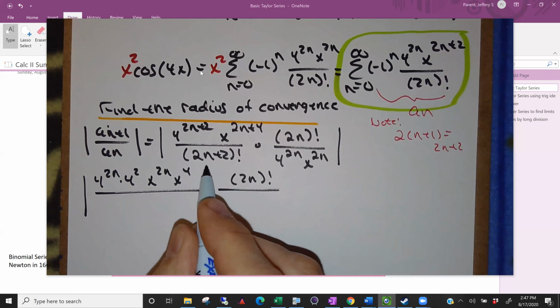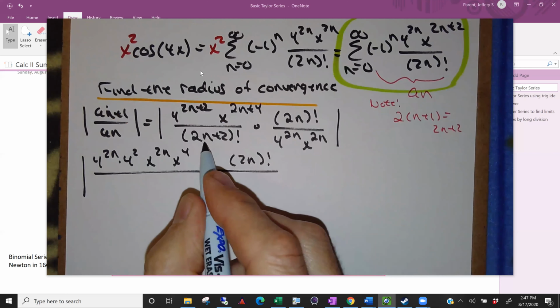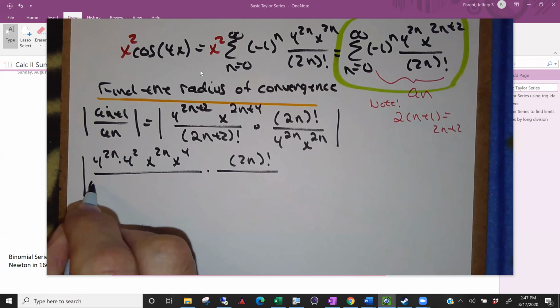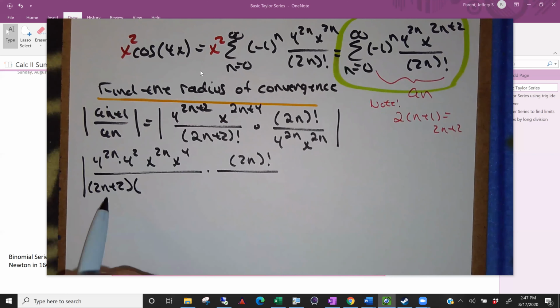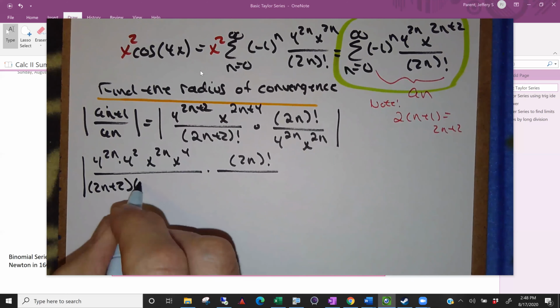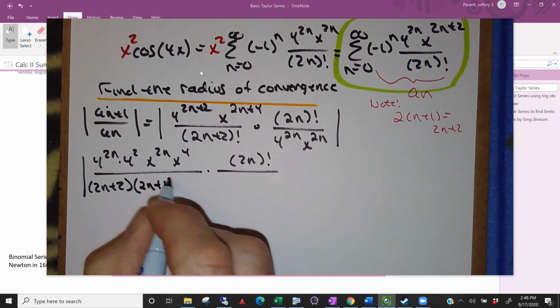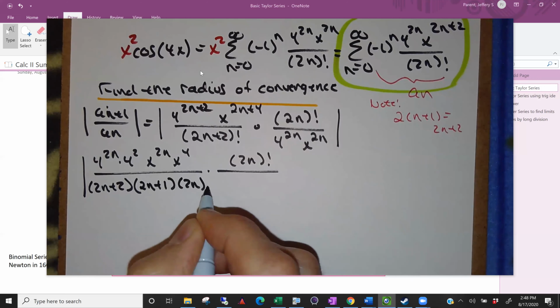And I want to be really careful and clever with this 2n plus 2 factorial. It's going to be 2n plus 2, and then as I realize that this is a factorial, what's the next one below that? 2n plus 1, and then 2n, and then 2n minus 1.